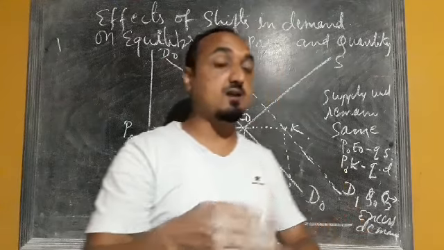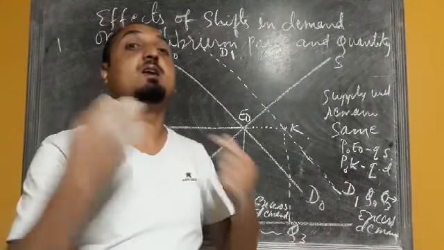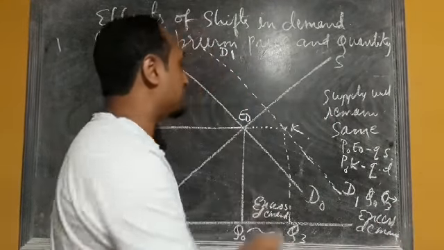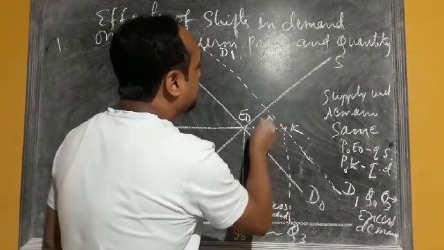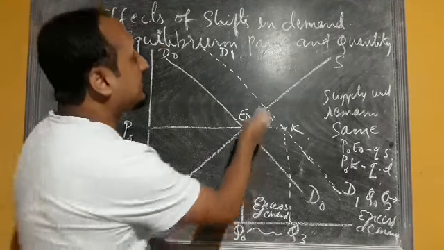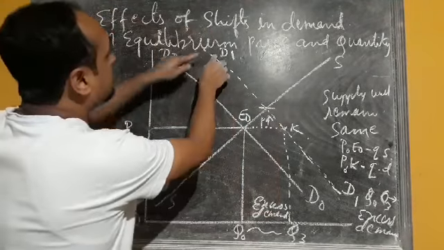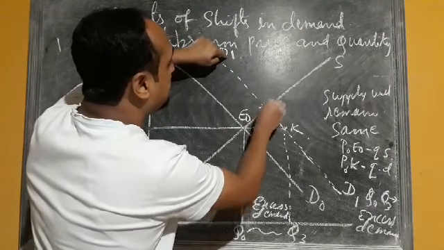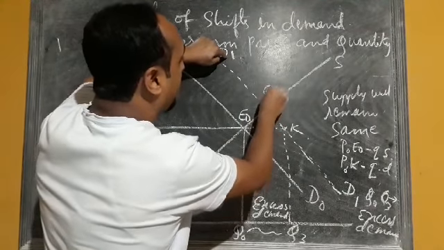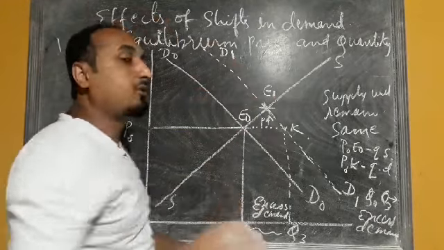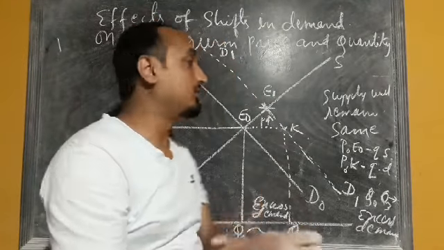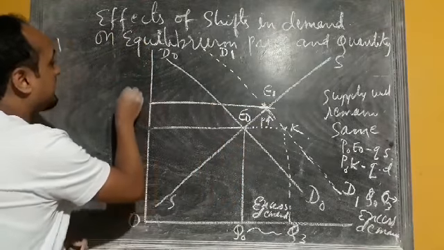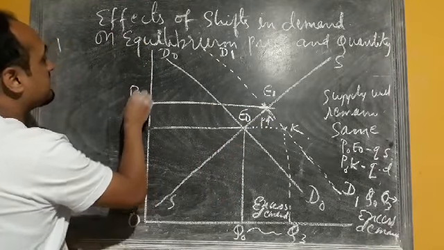Now if there is excess demand, obviously the price will increase. It will exert an upward pressure on the price, and we will get the new equilibrium price. See here, the new demand curve D1 and SS intersect each other at point E1. At E1 we get the new equilibrium price and equilibrium quantity. If we draw a straight line on the price axis, we can see that price increases from P0 to P1.